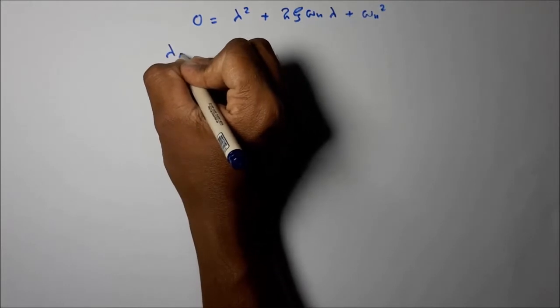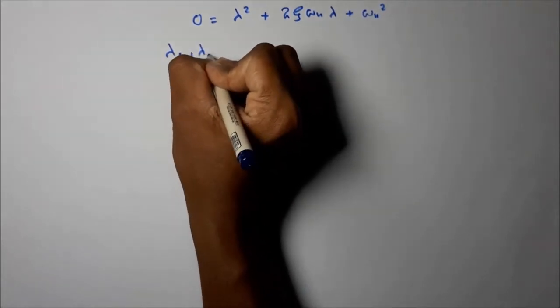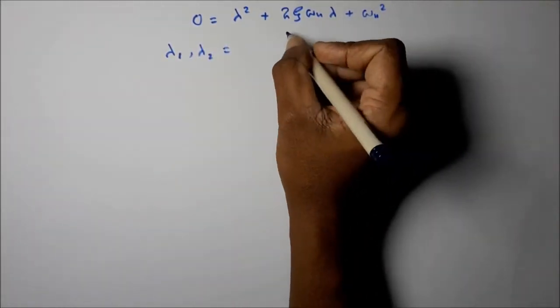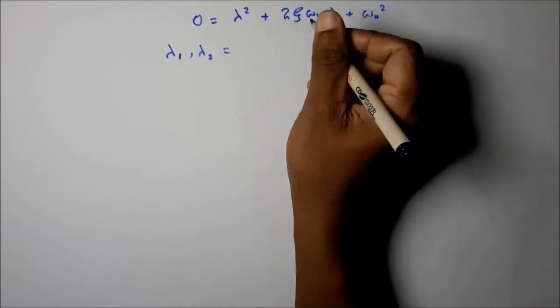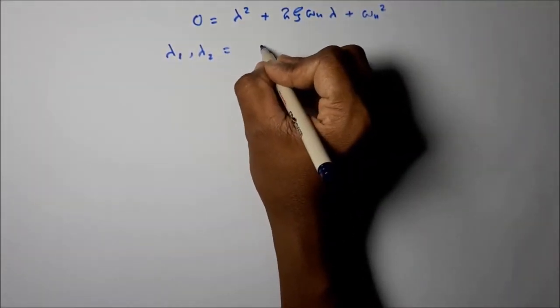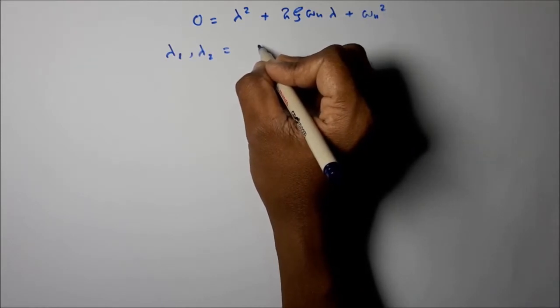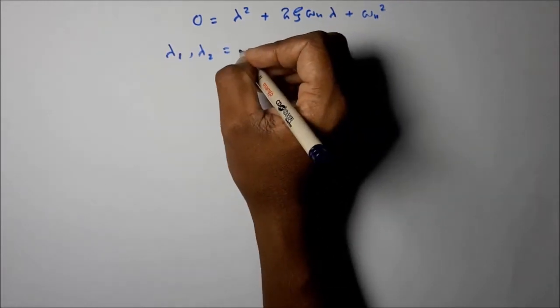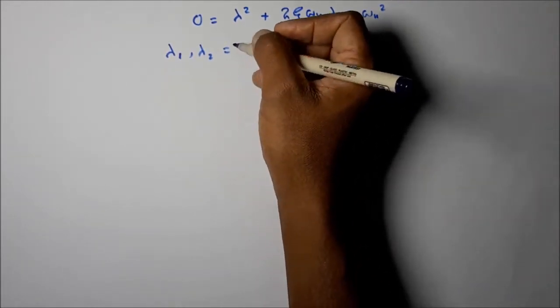Lambda 1, lambda 2 is equal to, what is the solution for this quadratic equation? Minus b plus or minus square root of b square minus 4ac, divided by 2a. I am going to use that equation. You are all familiar with this equation.